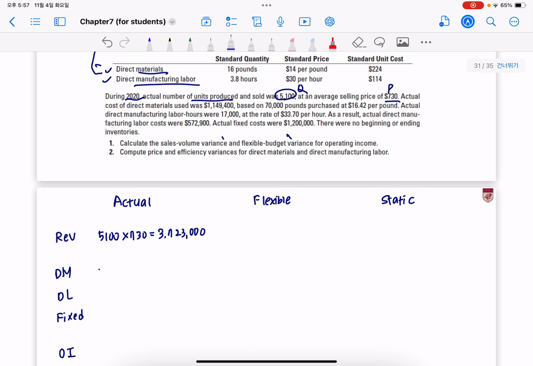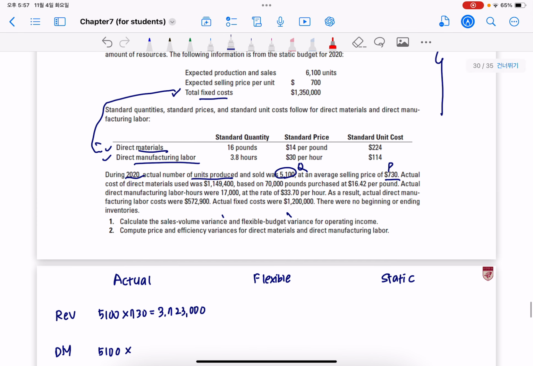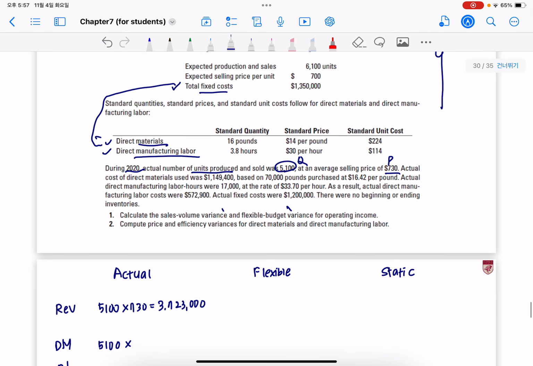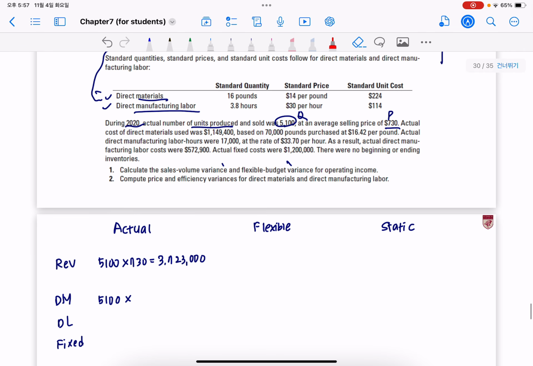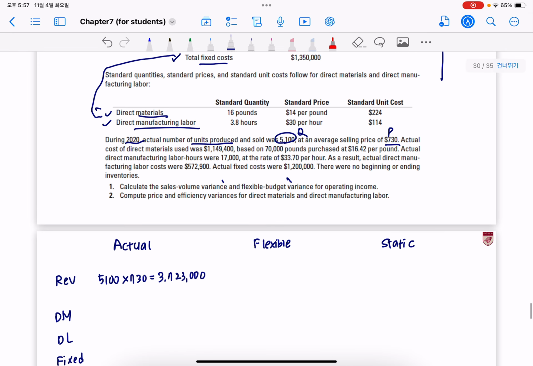Okay. And now let's move on to the direct material cost. So the Q is going to be 5,100. And we need to find the actual unit direct material cost, and actually, it's not given. Let's use this sentence right here, which is: actual cost of material used is 1,149,400 based on 70,000 pounds of input at $16.42 per pound.